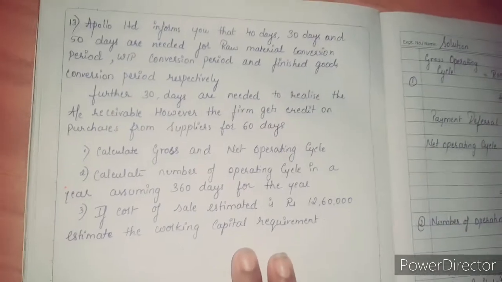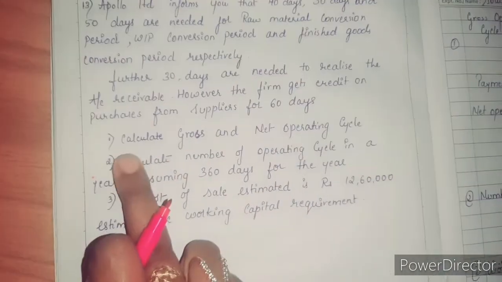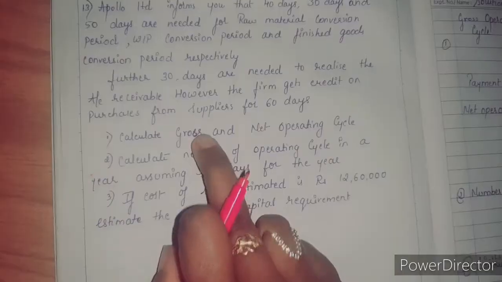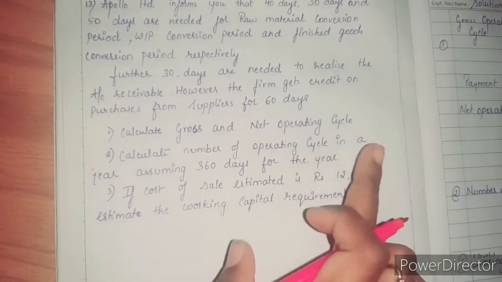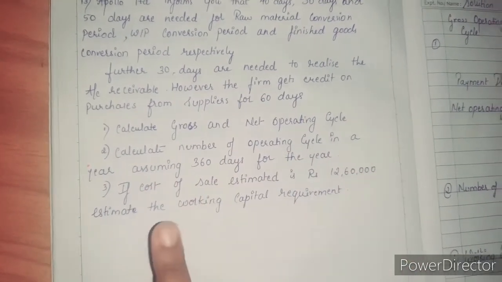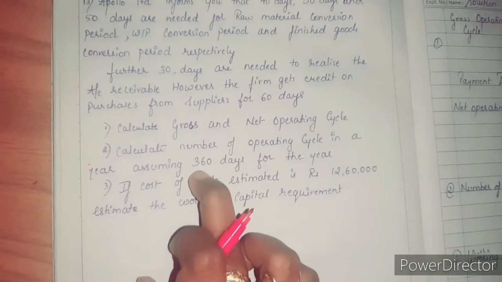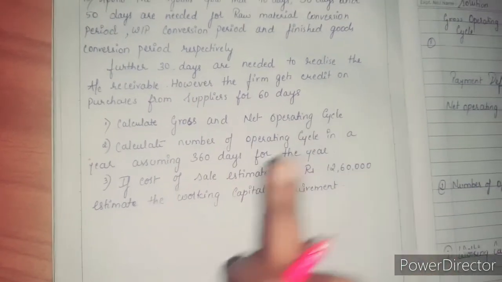Very simple problem related to operating cycle. Let us see what we have to find. First one, calculate gross and net operating cycle. Calculate number of operating cycles in a year, assuming 360 days. So we have to assume 360 days as given, otherwise it is 365 days in a year.